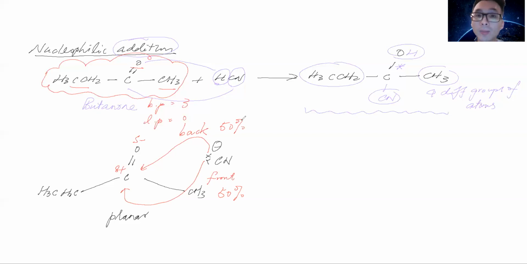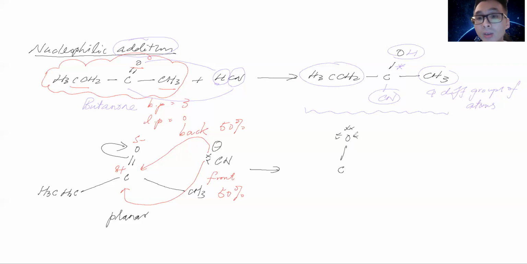Okay, the planar carbocation is attacked by the nucleophile from either side, but this one is at the beginning of the stage, okay, because the reactant, originally the carbonyl compound, is planar. Okay, so if you remember, once this attacks the positive carbon, this bond is broken, then you will get this one.